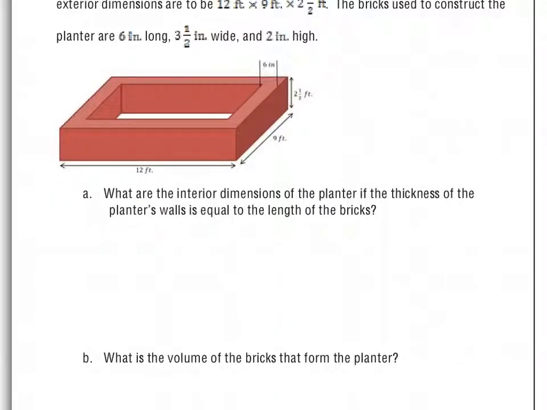So in order to do that, I'm going to go ahead and convert all of these feet to inches. I'm going to convert this one to 144 inches. I'm going to convert this 9 to 9 times 12, which would be 108 inches. And this 2.5 feet, well, that'd be 12 plus 12 plus 6, which would be 30 inches.